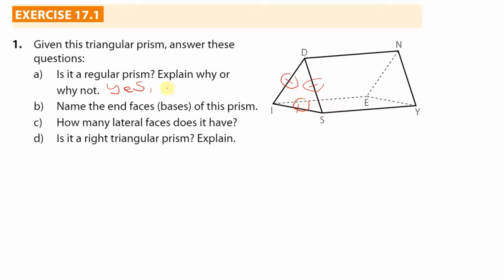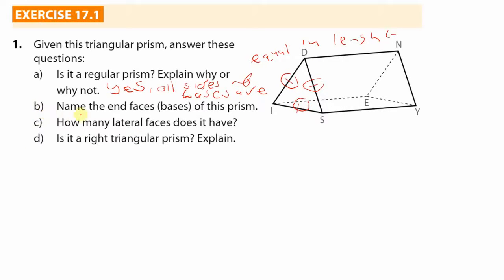So all the sides of the bases are equal in length. So in other words, we actually have an equilateral triangle as the base.